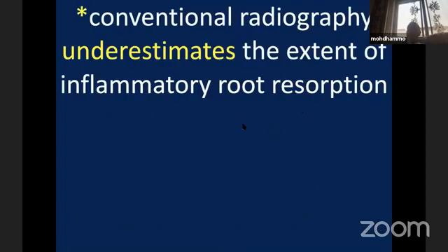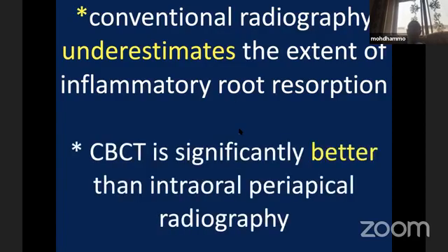Conventional 2-dimension X-ray underestimates the extent of inflammatory root resorption. And of course, CBCT is significantly better than intraoral periapical X-ray to make a diagnosis of inflammatory resorption.